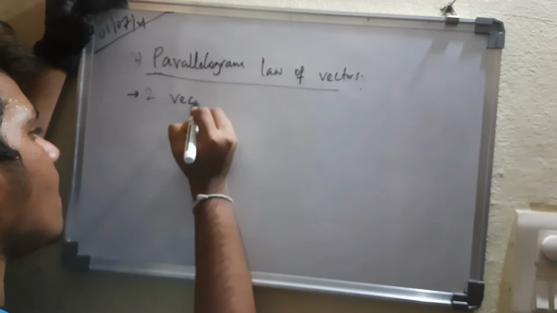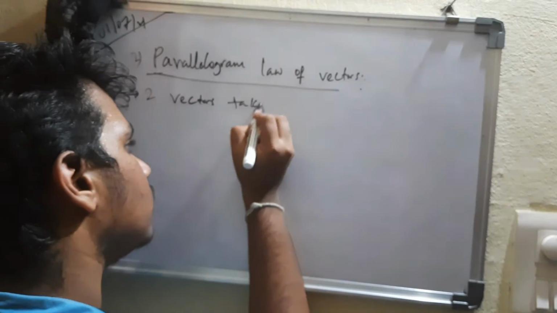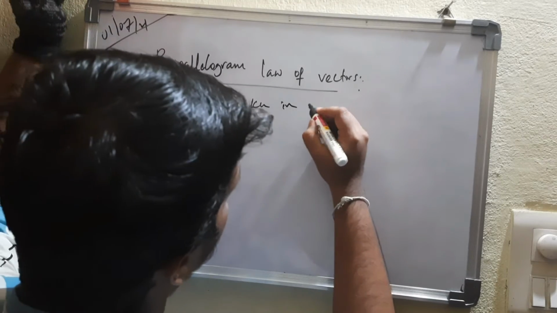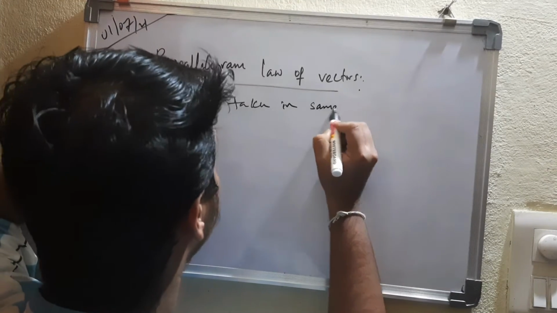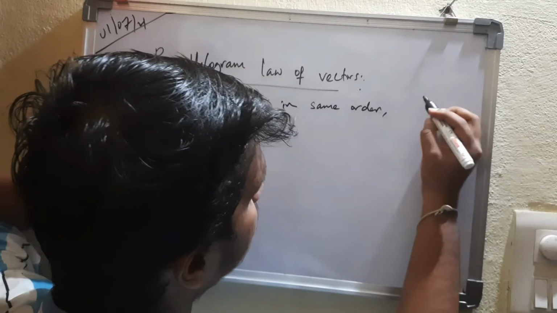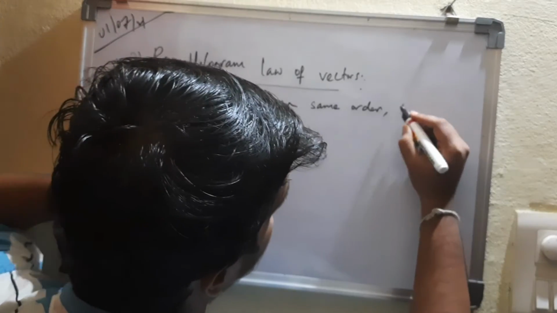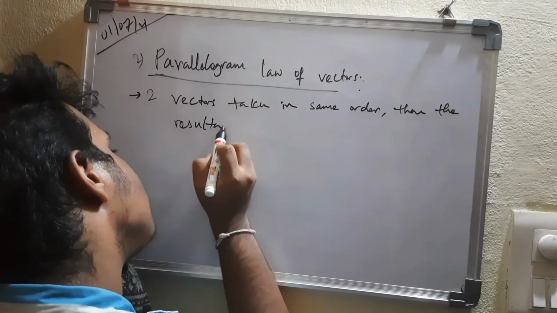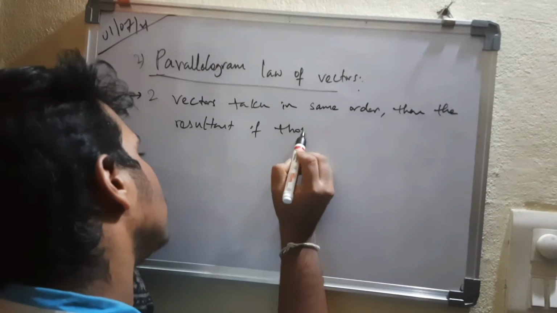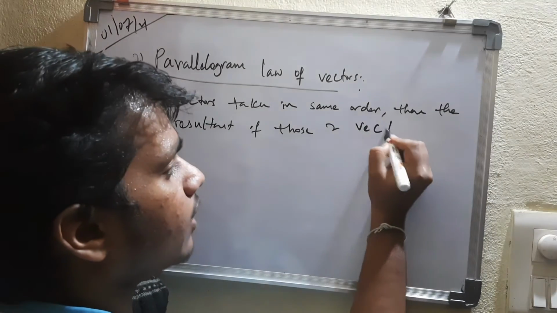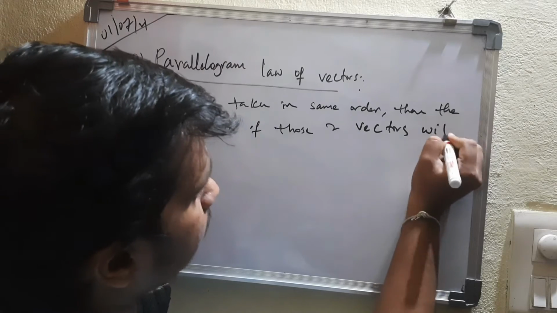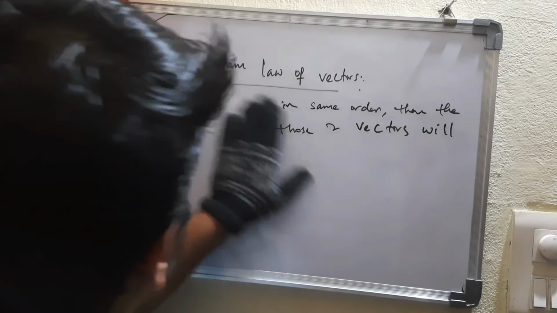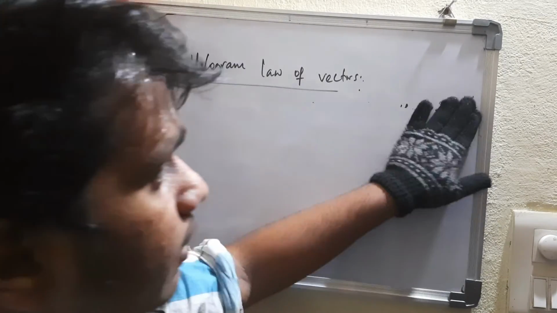Two vectors taken in same order, then the resultant of those two vectors will be... My handwriting is bad, I'll write it again.